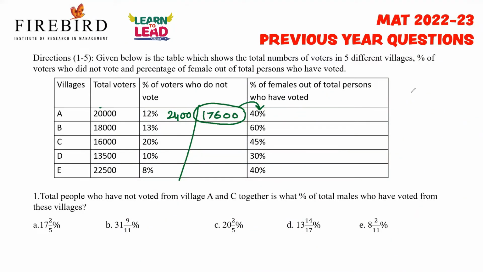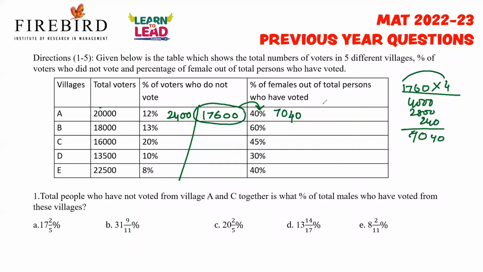So you should calculate 40% of 17,600. 10% I know is 1,760 and for 40% you should just multiply it by 4. 1,000 into 4 is 4,000, and 700 into 4 is 2,800, 60 into 4 is 240. So you'll get 7,040 voters. So 7,040 are female voters in village A.